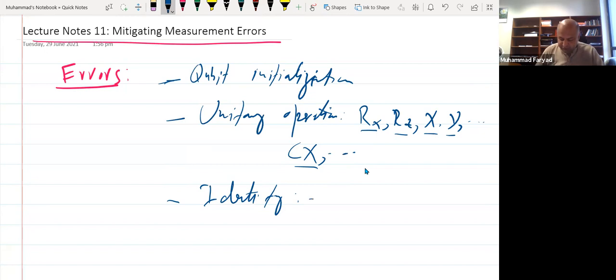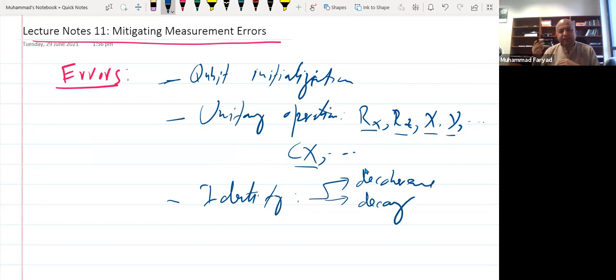We can characterize these errors as decoherence noise or decoherence errors, a term used because of the change in the relative phase of different states. And there could be decay of some of these states.